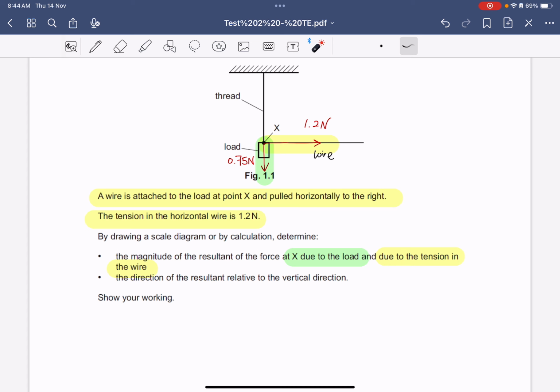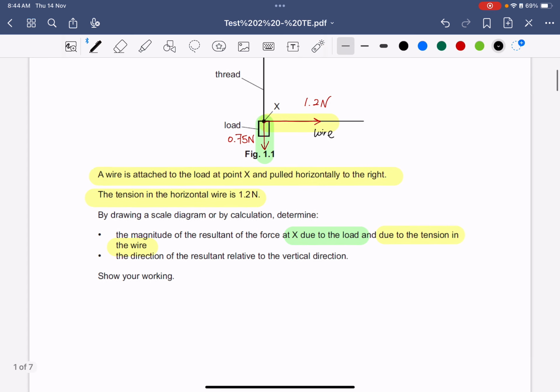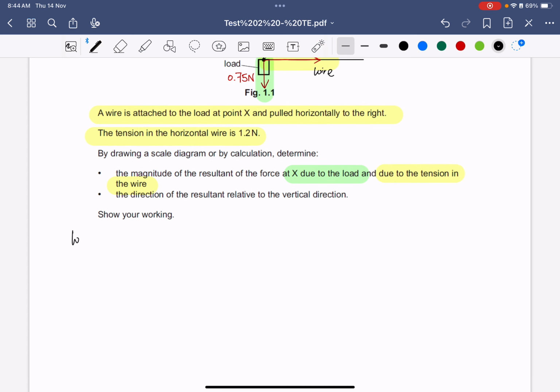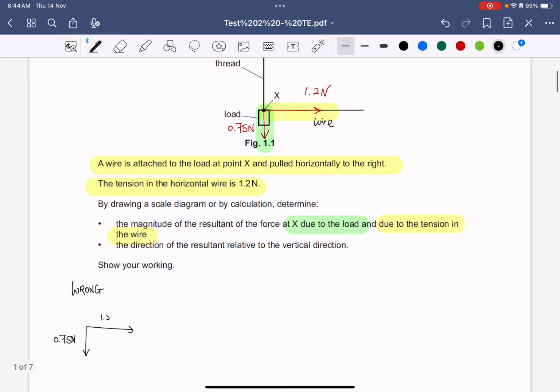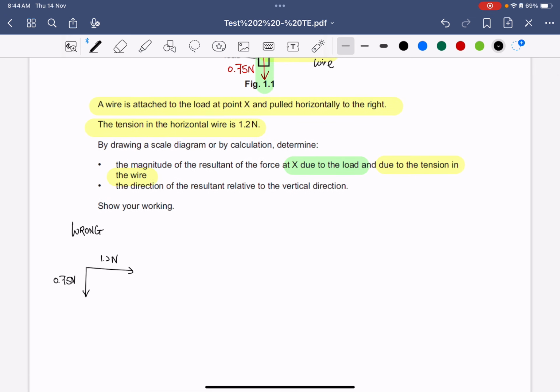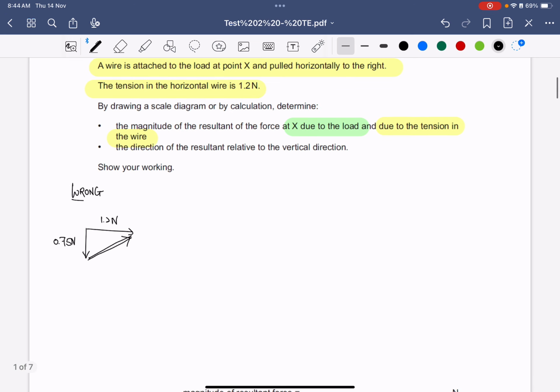Now, the wrong way to do it would be to draw 0.75 and then 1.2 Newton, and then just connect the two heads. But this is wrong, because remember, we are using head to tail.